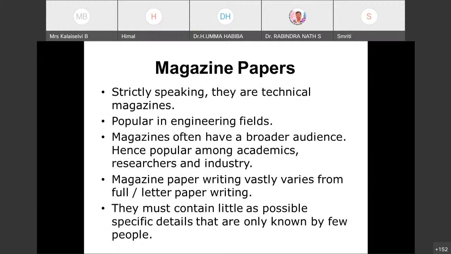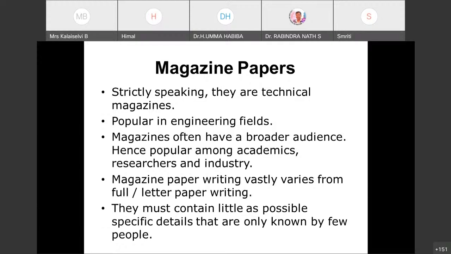As I mentioned, magazine paper writing varies vastly from, let's say, original research papers as well as letter paper writing. So you cannot include a lot of equations. If you have a lot of technical jargon, maybe it will be rejected and so on. So it should be written in plain, simple language.